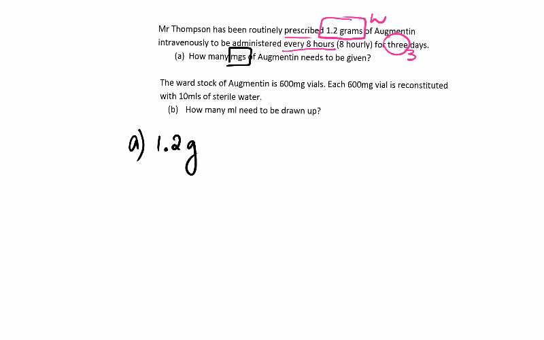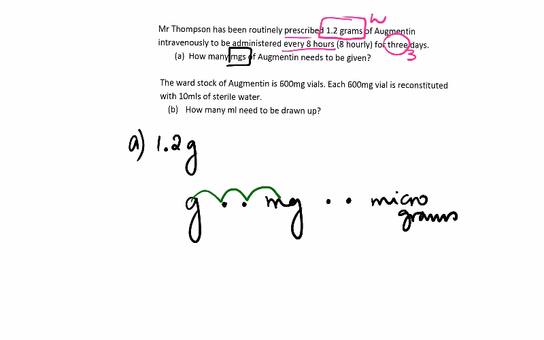So always remembering grams, milligrams, micrograms. So grams into milligrams, 1,000 times smaller. So grams is 1,000 times bigger. So we could say 1,000 or 1, 2, 3 decimal places to the right.